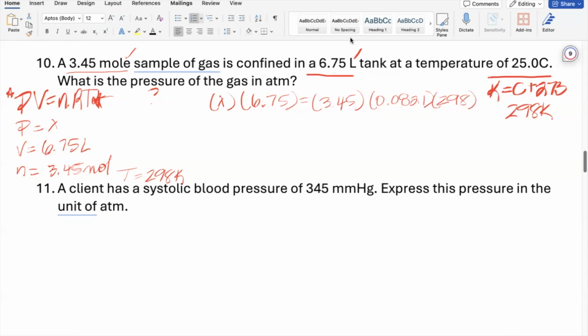To get X by itself, divide each side by 6.75 and plug and chug away in your calculator. So 3.45 times 0.0821 times 298 divided by 6.75. And I get the pressure equals 12.5 atmospheres.